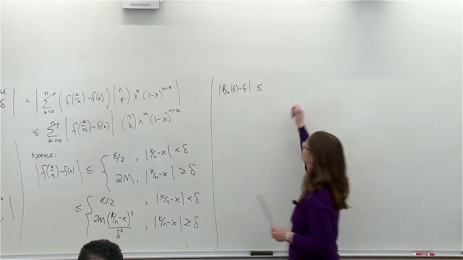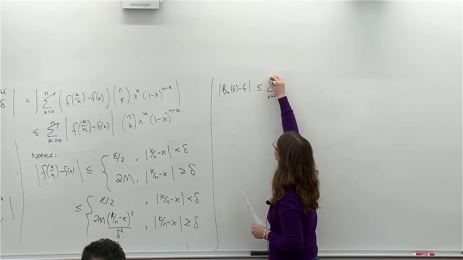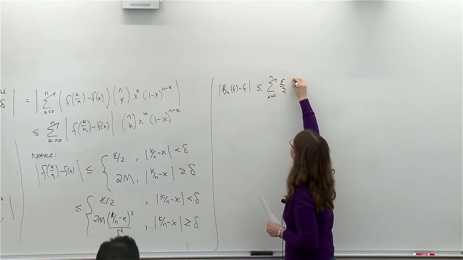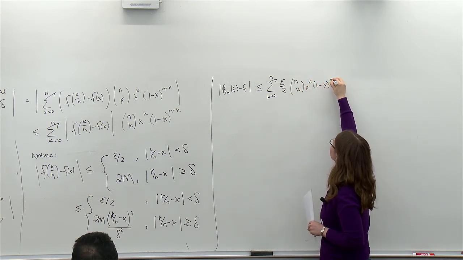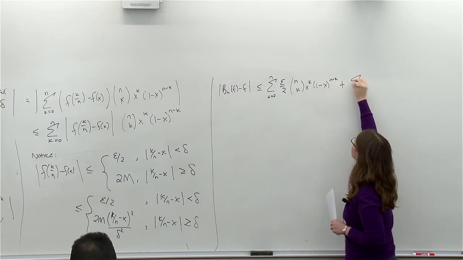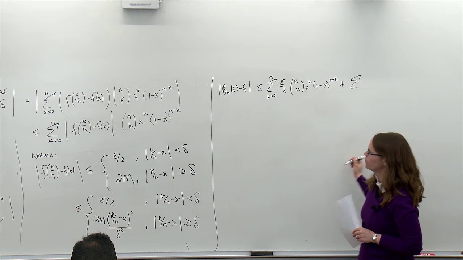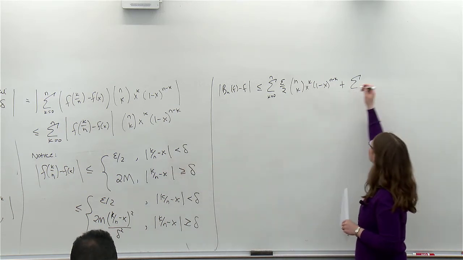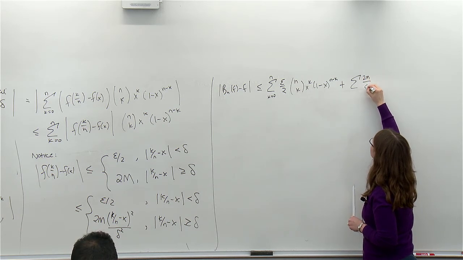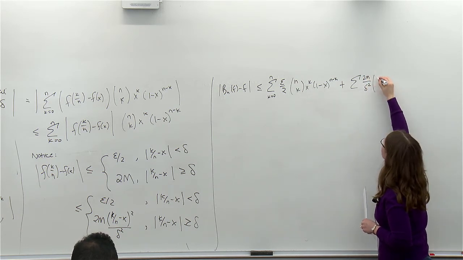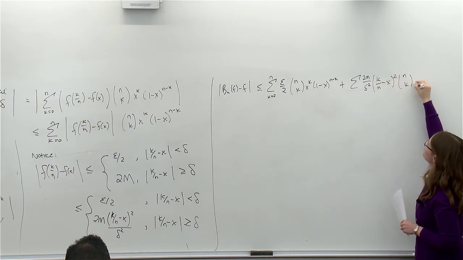So this is going to be less than or equal to epsilon over 2. Okay, and then I say, but that only works if this difference is small. So otherwise, I need to put in my 2m over delta squared times k over n minus x squared times the rest of this polynomial.